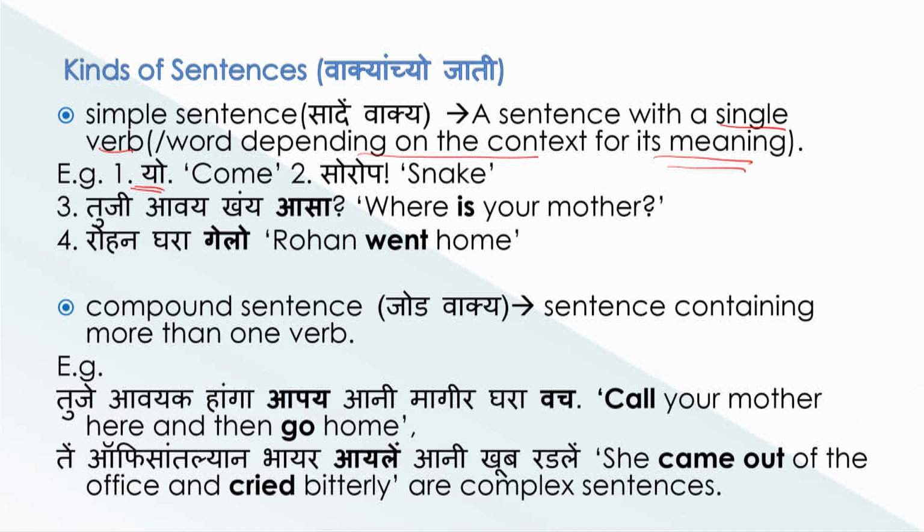Or alternatively, if it is not a verb, then it will be a word, a noun maybe, which is used to express something. For example, a one word sentence with a verb is yo. Yo means come. Another one word sentence with a noun is sorop. So if I see a snake and I get scared and I say snake, then that is also a one word sentence. Here sorop is snake, which is a noun.